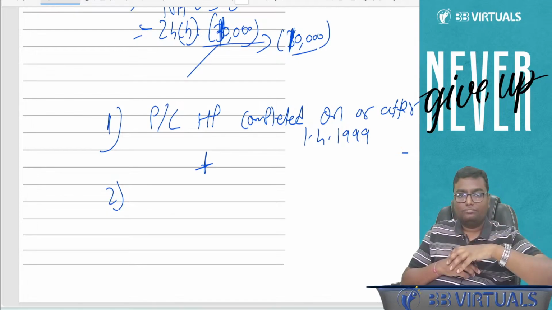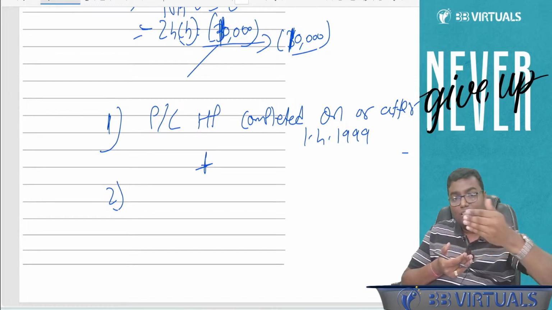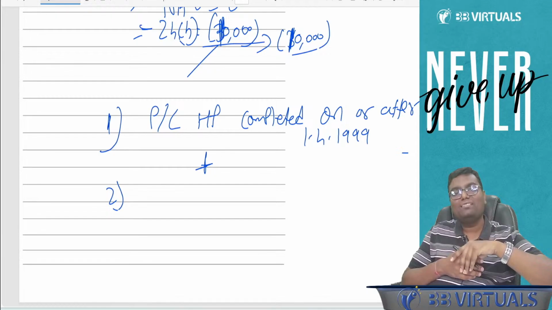Second condition, see many people what they are doing. First they take a loan and then they purchase the property. Yeah, first they take a loan, then they give the money to the builder for constructing the property.